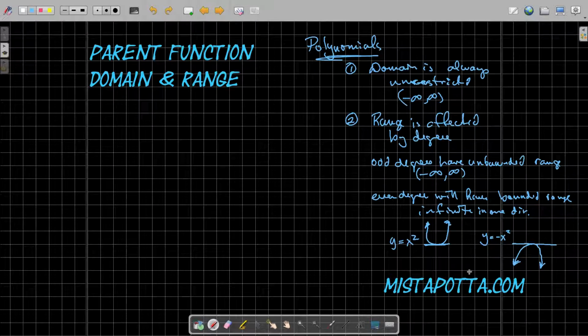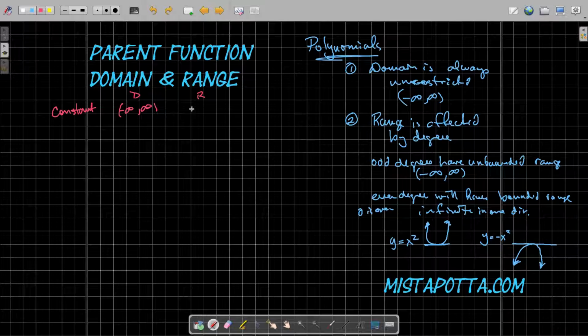So we're going to be talking about parent functions and their domains and range. And by the way, keep in mind when I'm talking about even, 0 is an even number, which is important when we're talking about our constant function. For a constant function, our domain is all real numbers, so from negative infinity to infinity.